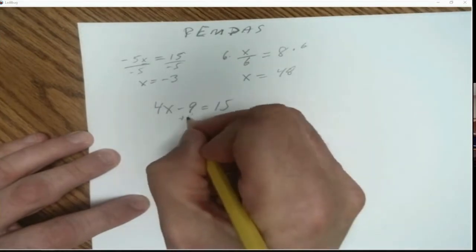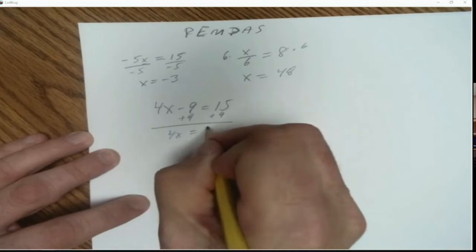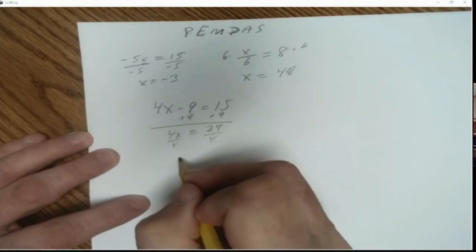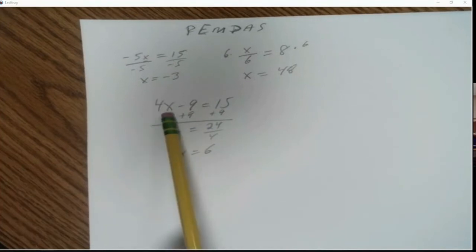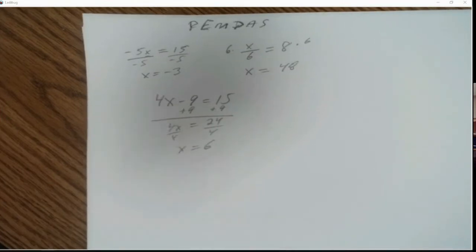So let's add 9 to both sides. 4x equals 24. Then we'll divide by 4. X equals 6. If we substitute 6 back into this equation, 4 times 6 is 24, and 24 minus 9 is 15. It should always work out. We should be able to substitute our answer back into the original equation for x.